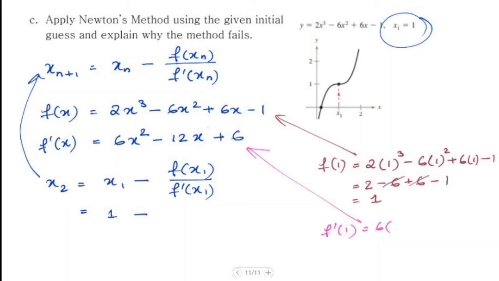So for that we'll get 6 times 1 squared minus 12 times 1 plus 6. So we have here 6 times 1 squared is 6, minus 12 times 1 is 12, plus 6.